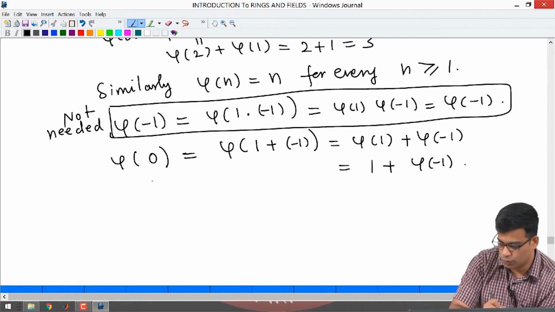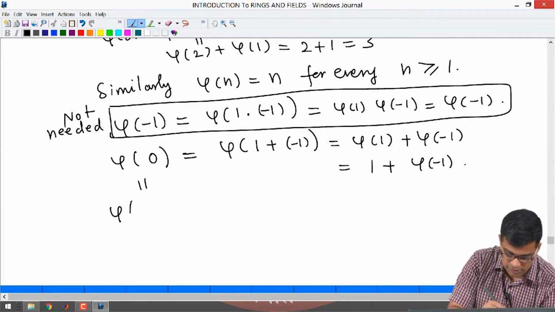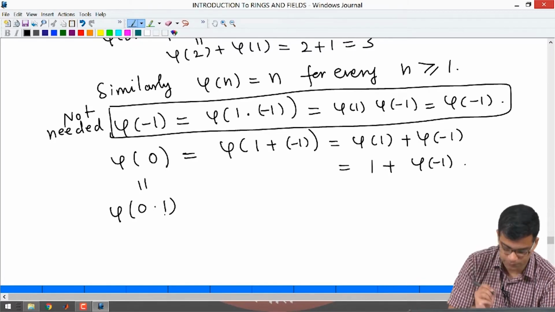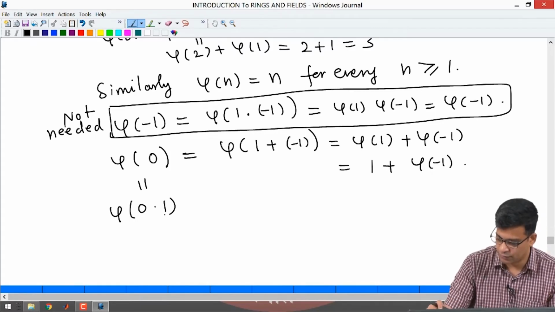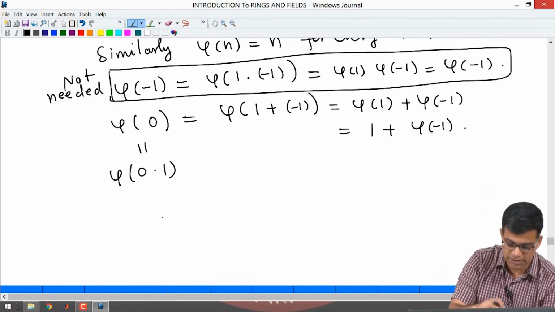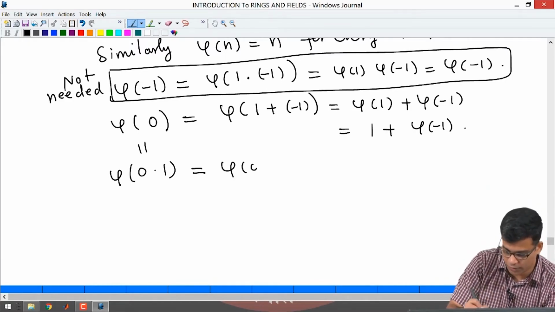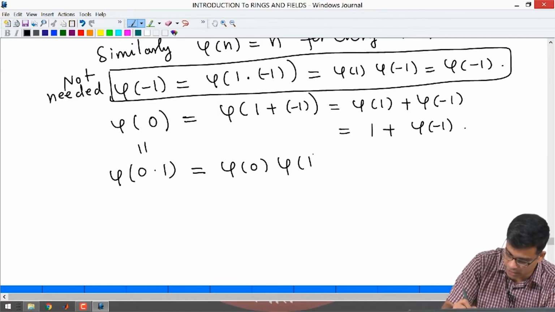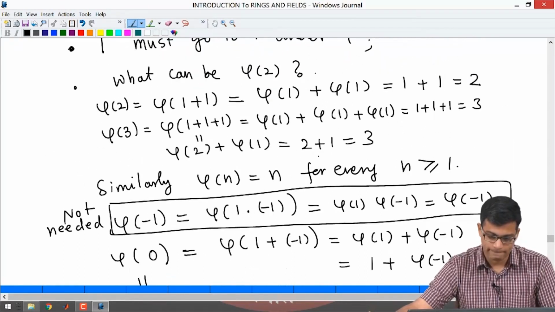So, now I want to show that phi of 0 is 0. Okay. So, let us see if I get this. Phi of 0 is on the one hand 1 plus phi of minus 1. Now, phi of 0 is phi of 0 times 1, because 0 is equal to 0 times 1, and this is equal to, by the property of a ring homomorphism, phi of 0 times phi of 1.